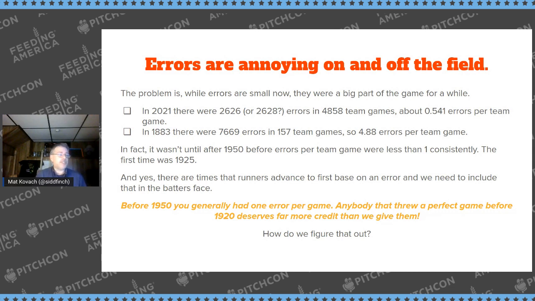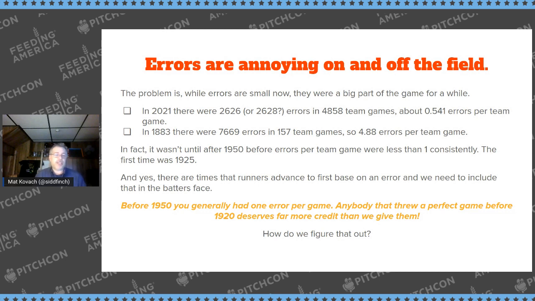So we need to include that in our batters faced somehow, and also include that in some of the percentages that we're going to use for whether it's a hit, an out, or an advance. One thing to point out: before 1950, you generally had one error per game or more.